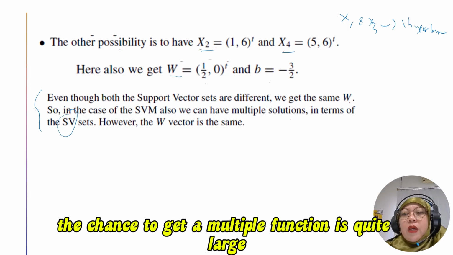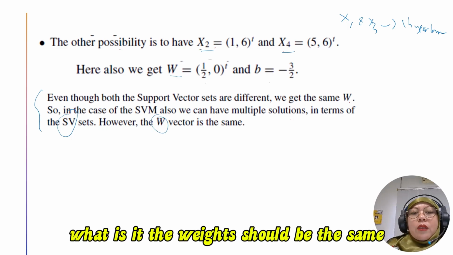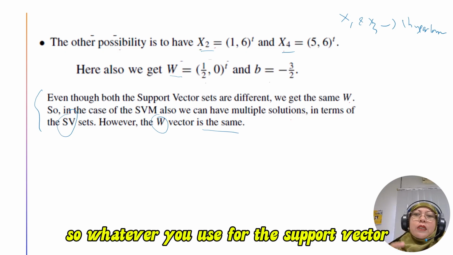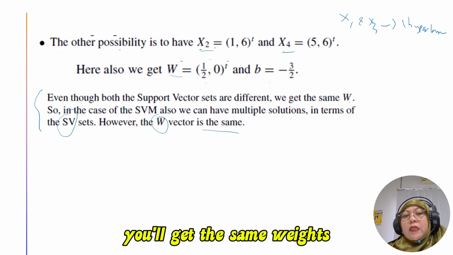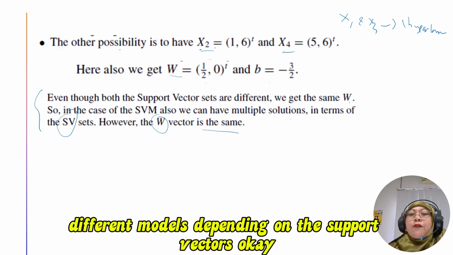The chance to get multiple functions is quite large, right? But the weights should be the same. Whatever support vectors you use, you'll get the same weights but a different function, so different models depending on the support vectors.